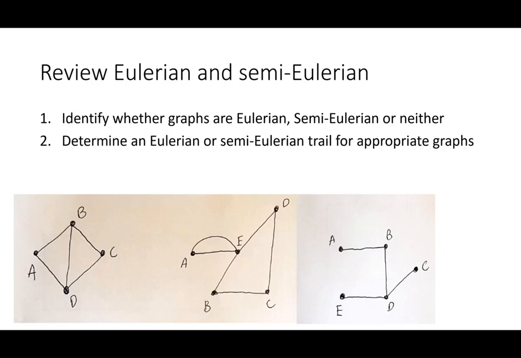what does that mean? Sorry, let me take a step back. Eulerian has a practical application. We're not just classifying this for nothing. What does an Eulerian graph mean? Yeah, so if this was Eulerian, I could start at any vertex, visit every vertex, use every edge once, and get back to where I started.